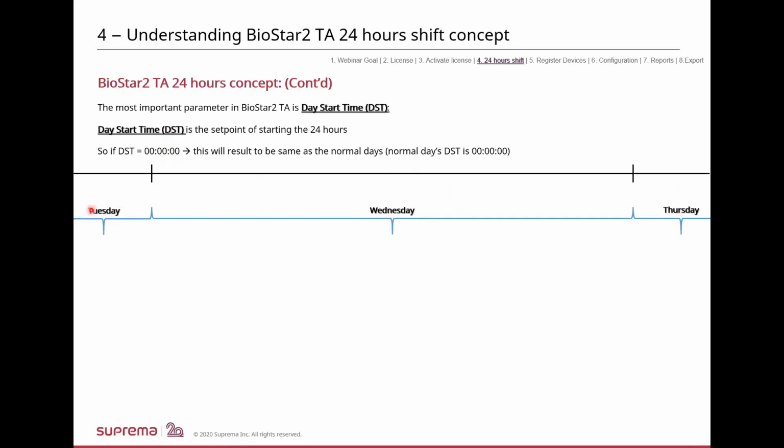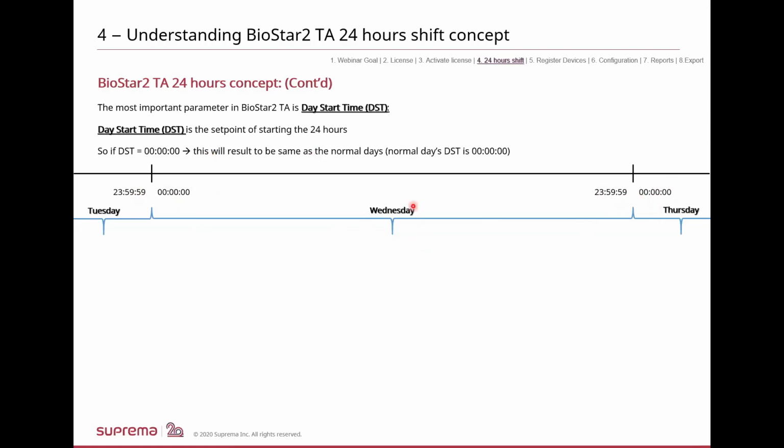Tuesday starts from midnight, 12 a.m., until 23 hours, 59 minutes, 59 seconds, which is 11:59:59 p.m. The next second, it is going to be Wednesday. And of course, as everyone knows, it is also until 23:59:59. And when the clock ticks the next second, it is going to be Thursday, which is the normal of every day.